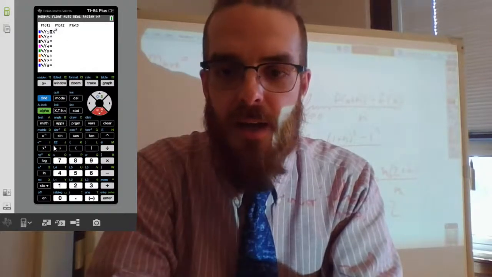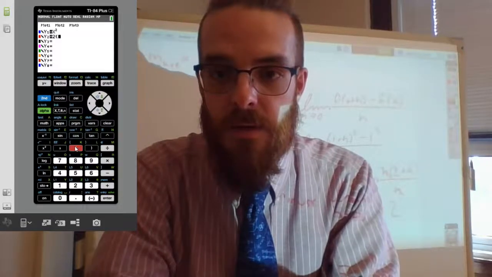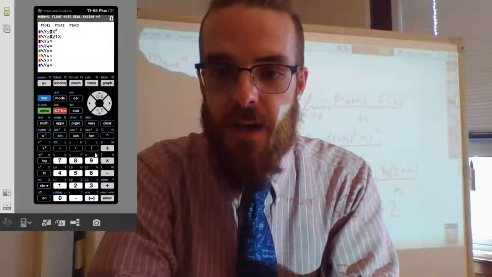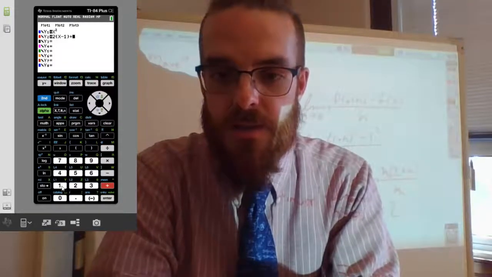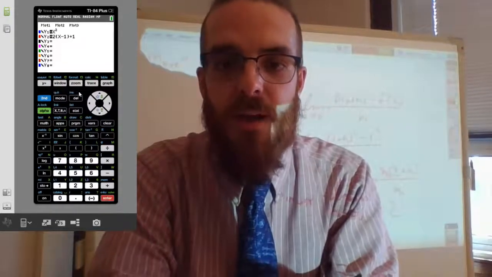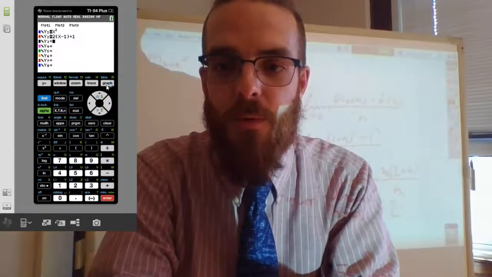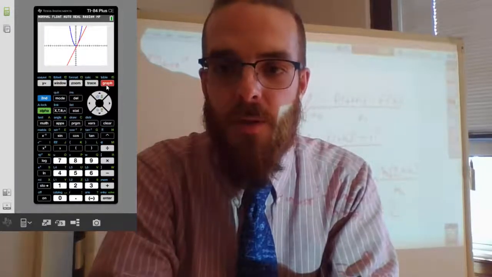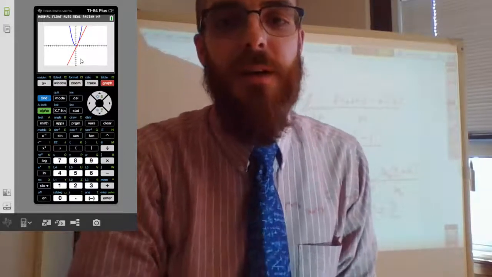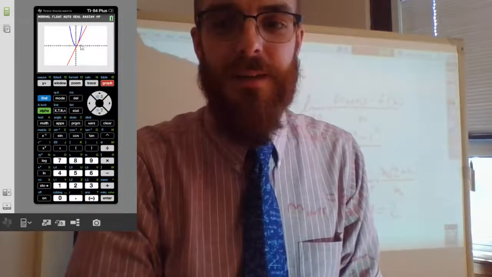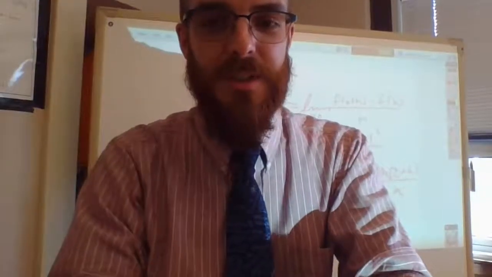In the second line, I can type in the equation of the line that I just made, 2 times the quantity of x minus 1 plus 1. And when I graph it, this should be a line tangent to this curve at the point 1, 1. Look at that. This perfectly matches the graph that was on GeoGebra. So I can see that I've actually constructed the equation of the tangent line, which just makes me feel cool.